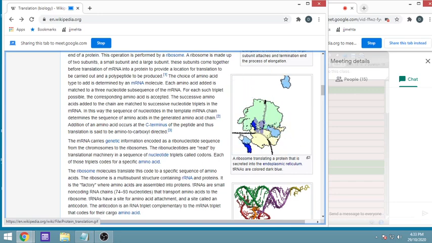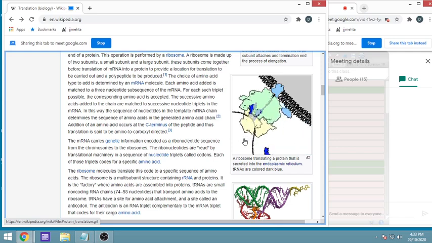Actually, here we find that the RNA is moving, but it is not so. See how the protein is formed and how the amino acids are attached one after another. It is a very good animation, which will help you to understand.